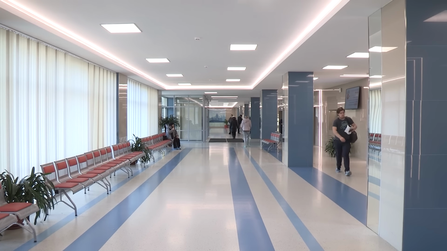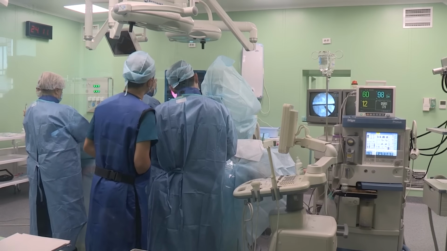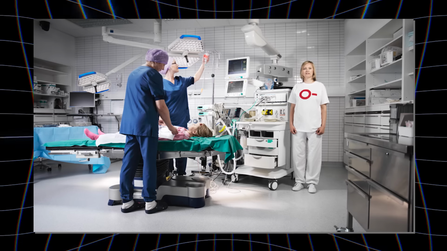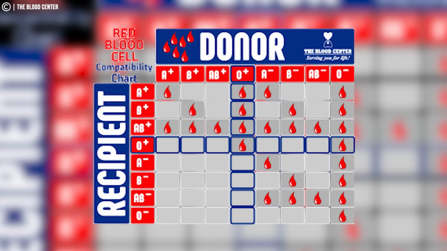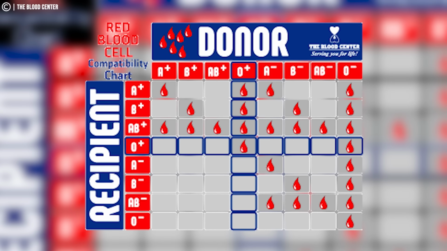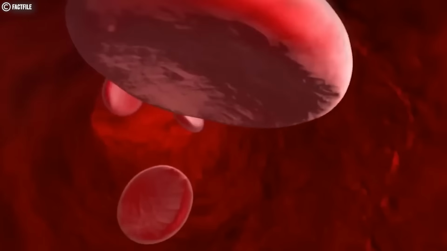Hospitals need a steady supply to meet everyday needs, everything from routine surgeries to childbirth complications. In other words, if O negative is the emergency hero, O positive is the reliable workhorse that keeps the whole system running. But here's the twist.